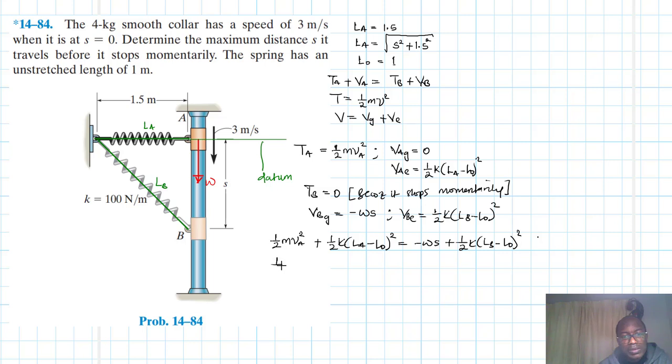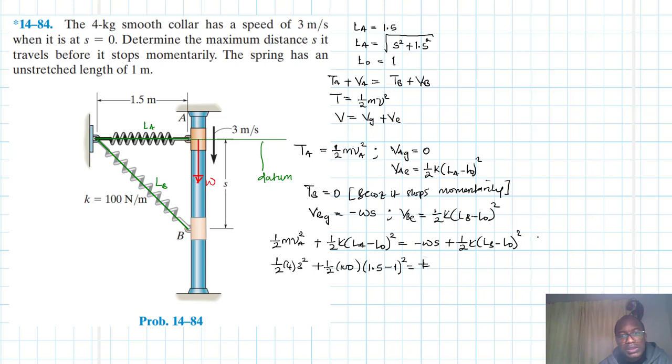Let's put in numbers. So half, the mass is 4 kg, vA is 3, squared, plus half, the spring stiffness is 100, LA is 1.5, L0 is 1, squared.